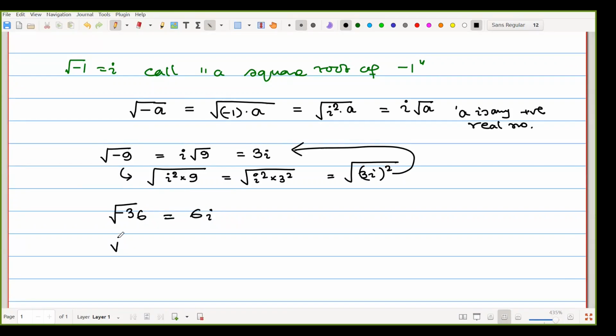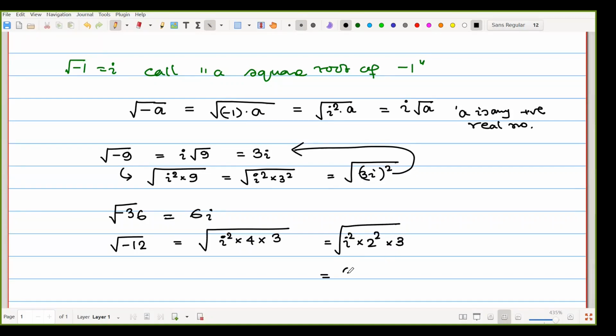Same as, suppose square root of -12. Here 12 has no particular square root. So it can be written as i square into 4 into 3. So we write it as i square into 2 square into 3.